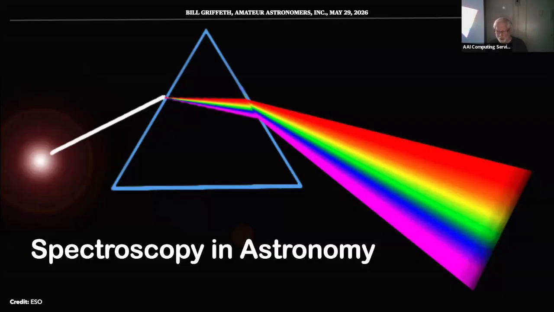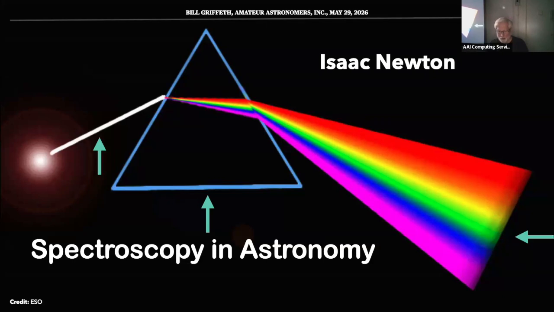Spectrographs use various means to separate incoming light into its constituent colors. One of these means is the glass prism, which Isaac Newton used in the 17th century to prove that white light is composed of a spectrum of colors, each distinguished by how much it's bent or refracted when entering or exiting a prism.